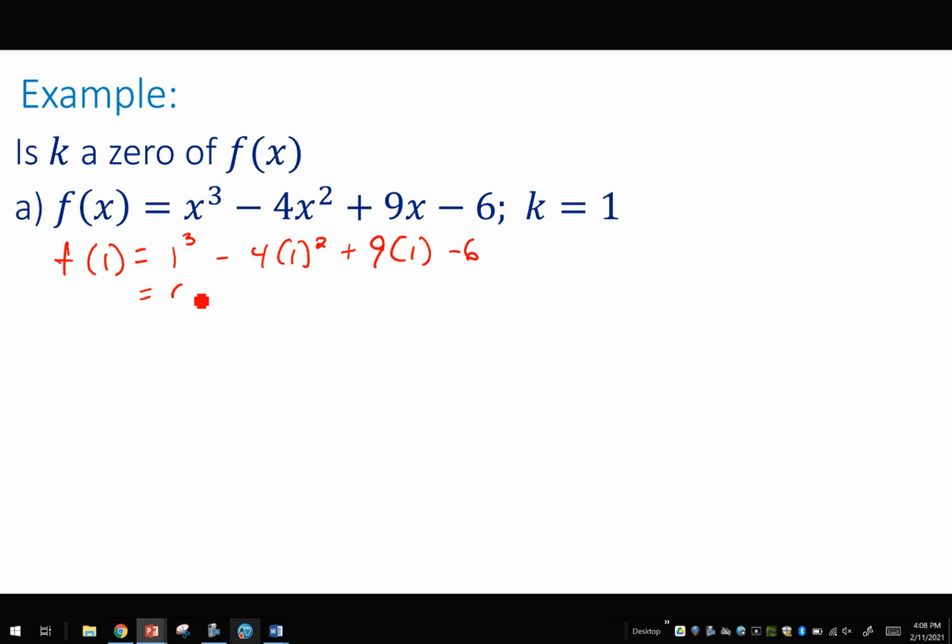I work all that out, I do get 0. So therefore, yes, it is a 0. And specifically, we know the point 1 comma 0 will be an x-intercept.